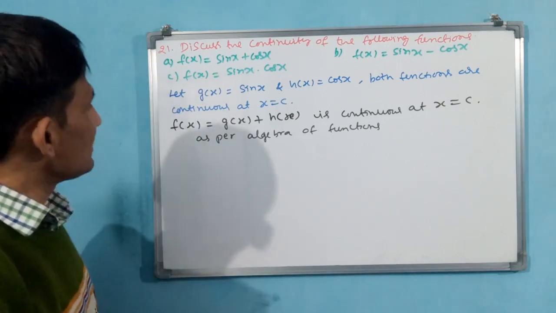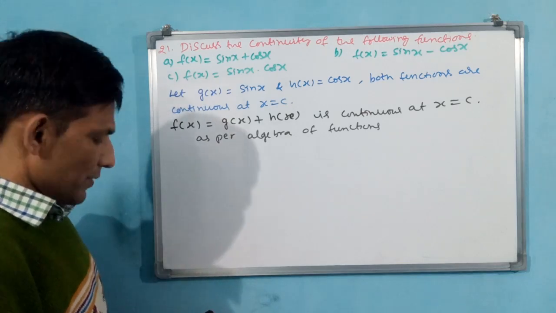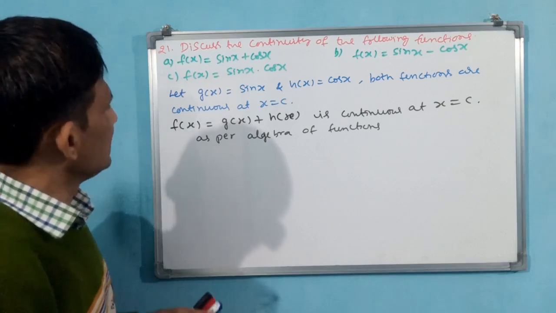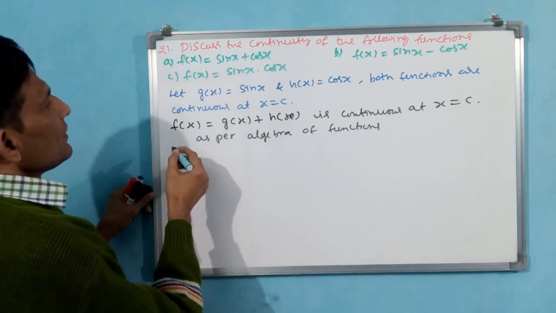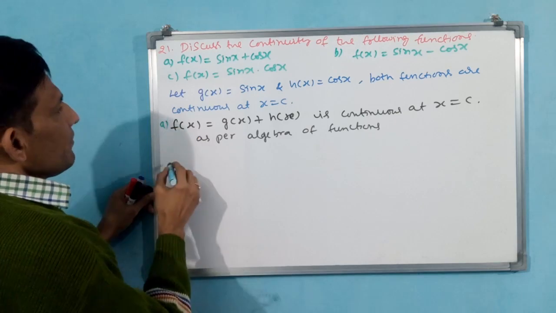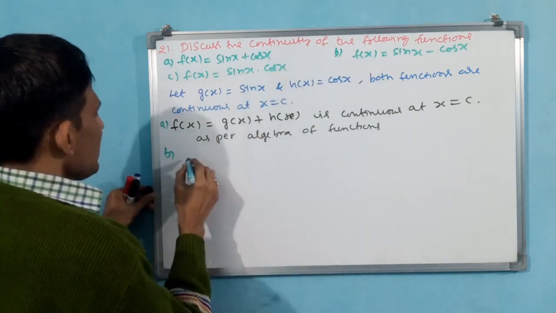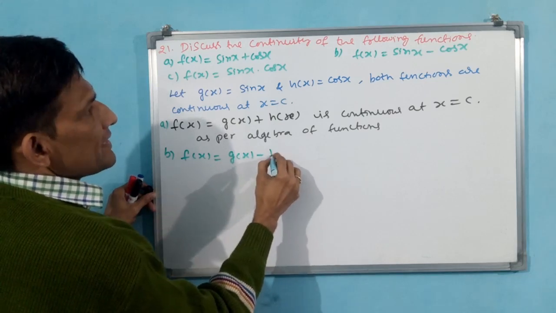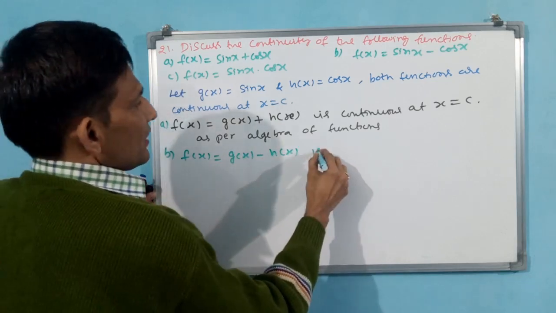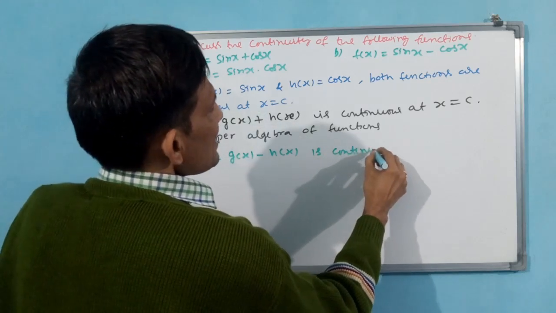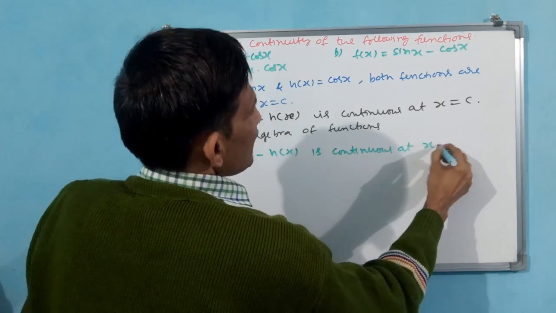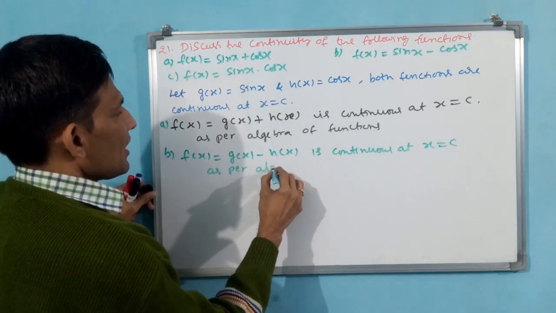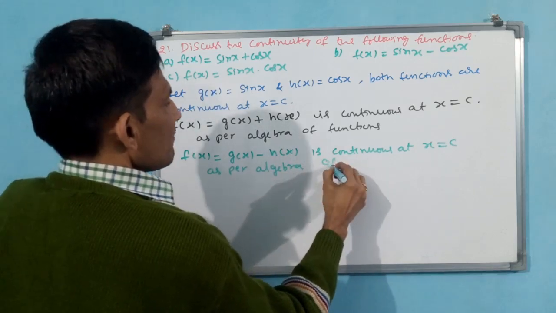Next one also you write. This is A. B also I am writing. f of x is equal to g of x minus h of x is continuous at x is equal to c as per algebra of functions.